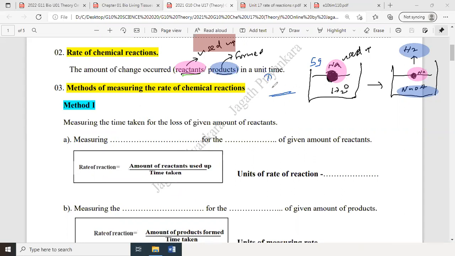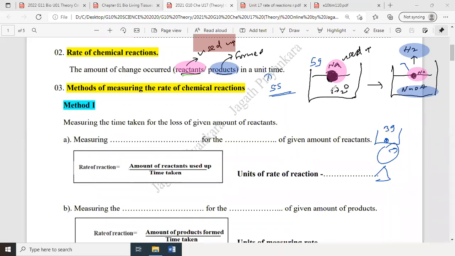Then in 1 second, how many grams? After 5 seconds, you take the piece back and check the weight. Initially 5 grams, but finally what happened? Only 2 grams left.